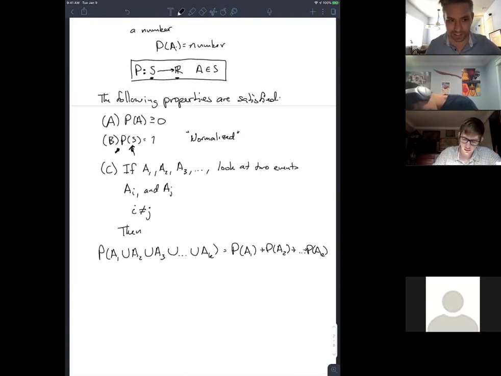Now, what the hell is this thing that I just wrote down here? This symbol that looks like a big U, this is, again, math speak. This is what's called the union operator.